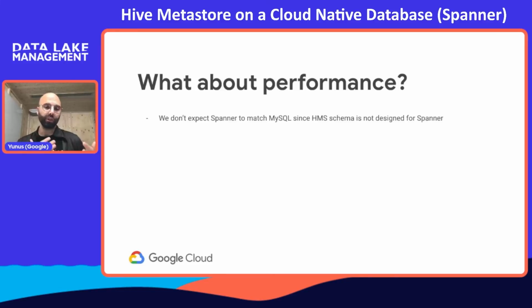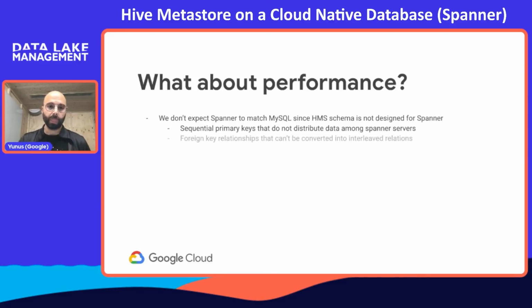You don't overload the same node. Spanner is the same. It is distributed, which means that if you have sequential IDs in your primary keys, it will end up in the same location, and some operations will get slower. And this is the case for Hive Metastore schema. And we don't want to make really drastic changes on Hive Metastore schema.